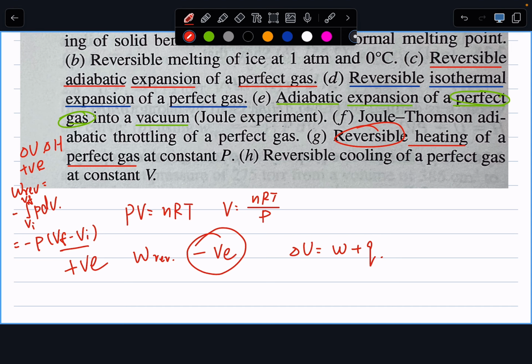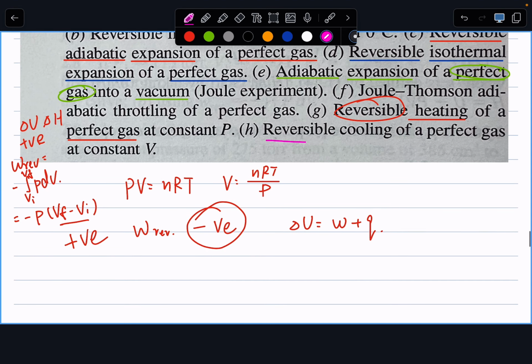All right, the same logic works for the last problem here. We have reversible cooling of a perfect gas at constant volume. This one is actually more straightforward. This is cooling, so we know that delta U and delta H are negative.